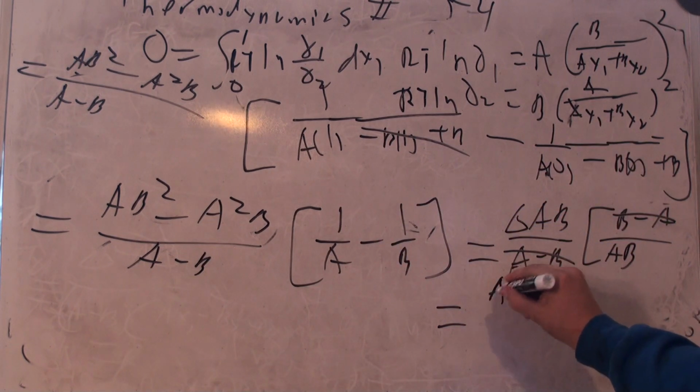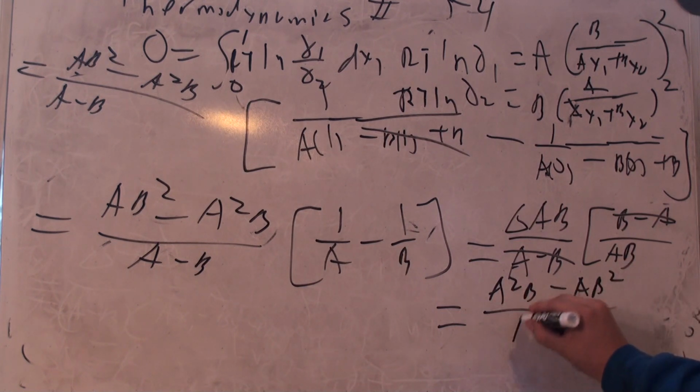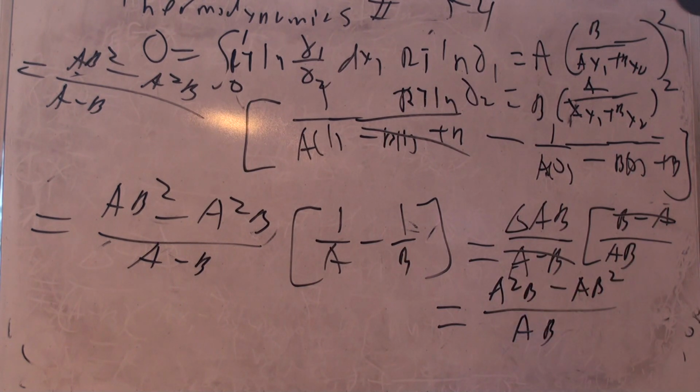So I've got A squared B minus AB squared all over AB. Okay. Pull things out. I have B minus, or A minus B. I made a mistake somewhere.